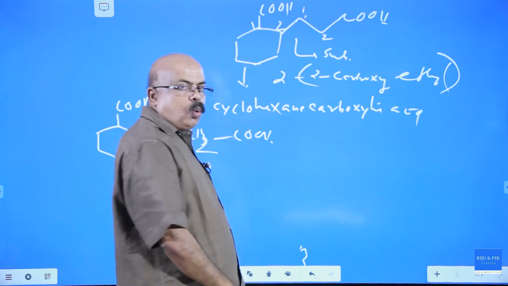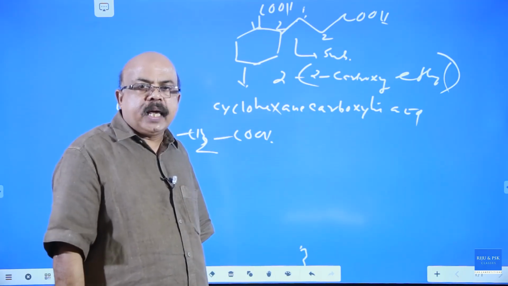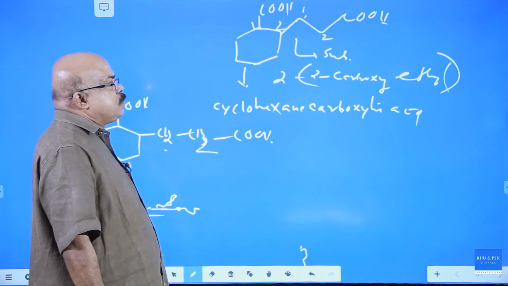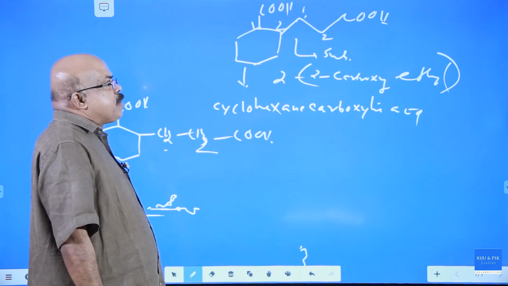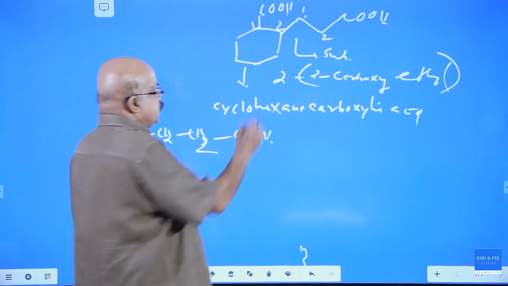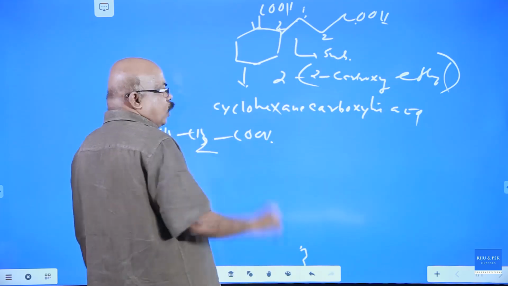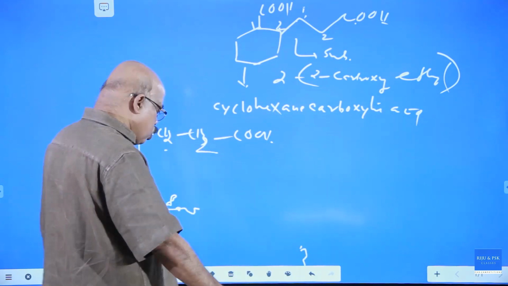So this is 2-carboxyethyl. It is a substituted substituent written inside a bracket. This 2 is the locant, 2-carboxyethyl cyclohexane carboxylic acid.